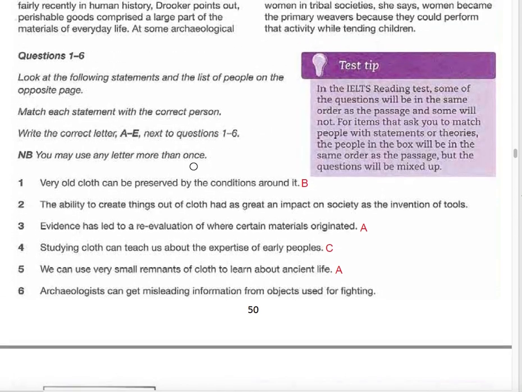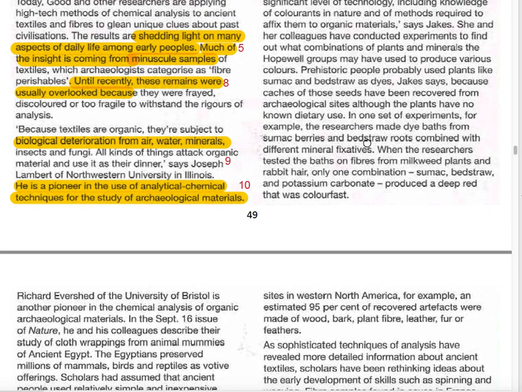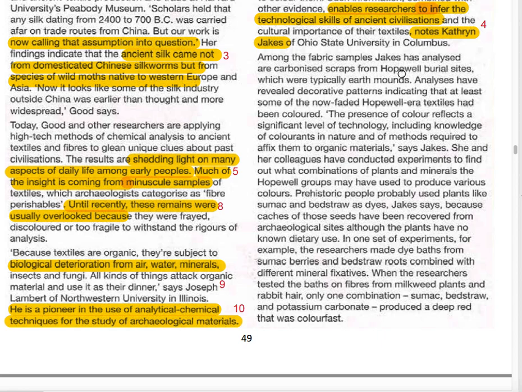So going back to over here, I see them talking about the process of dyeing here, as in dyeing materials and cloth. It conducted experiments to find out. I saw here had been colored, so that's like dyeing cloth.